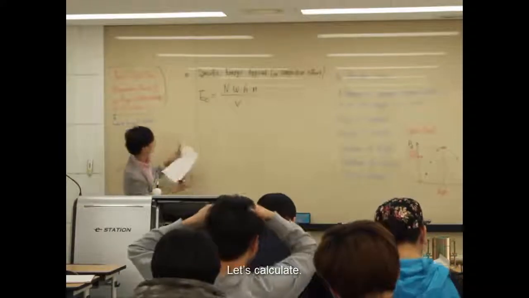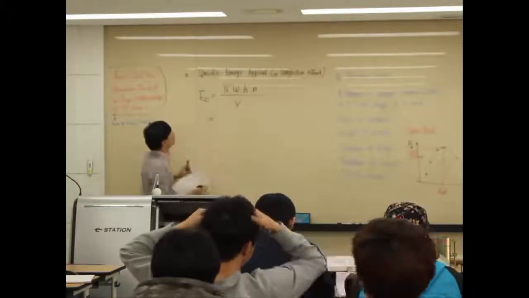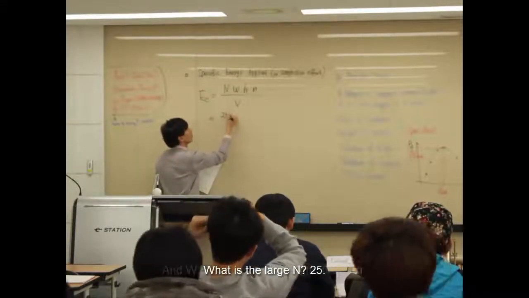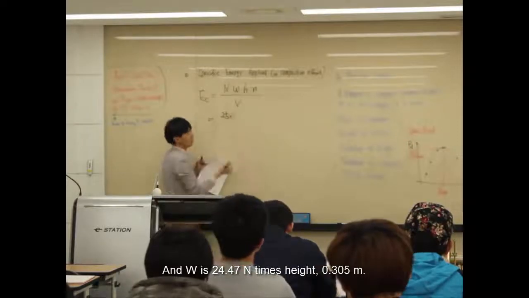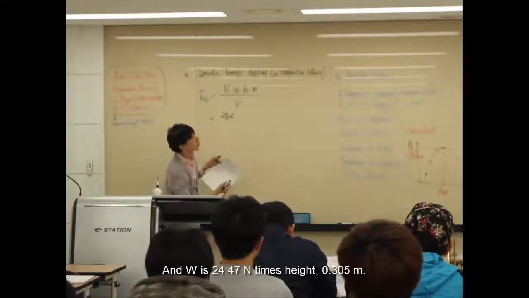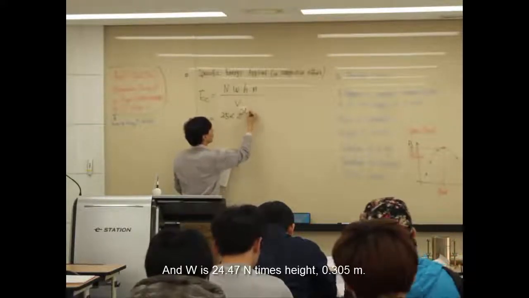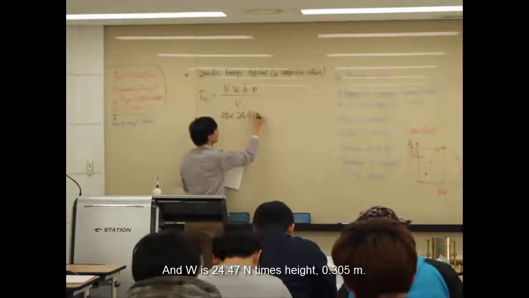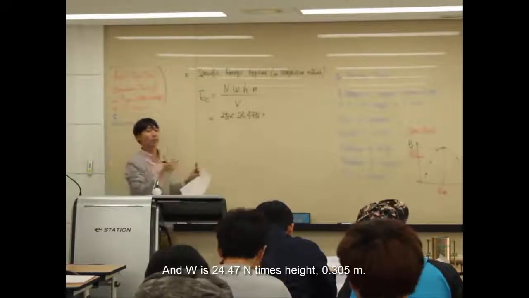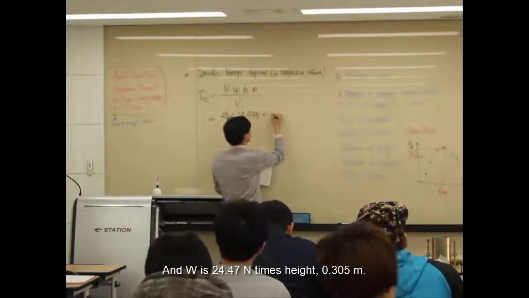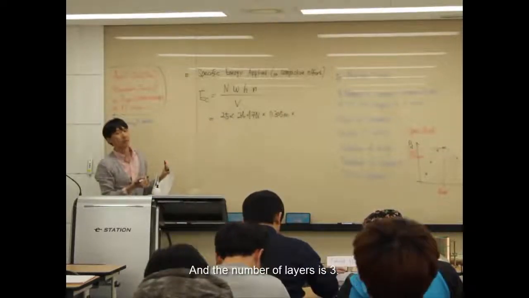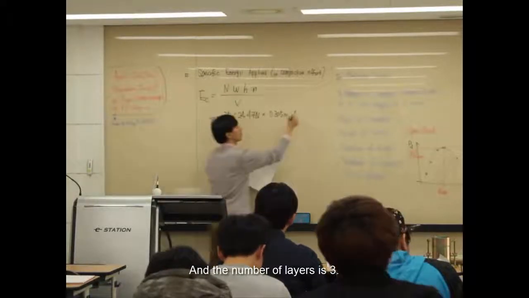Let's calculate the numbers. What's the large N? 25. And W in newtons? 24.47 newtons, times height 0.305 meter, and the number of layers will be 3.